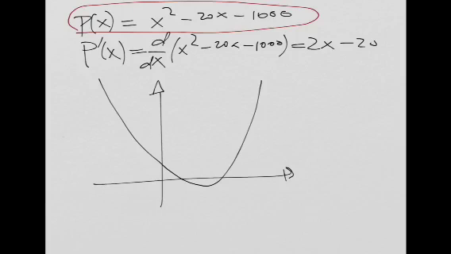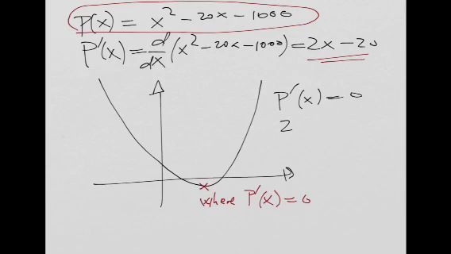This vertex, this lowest point right here, that is where the derivative equals 0. Yes, this point is found by setting the derivative that we found equal to 0, right? So if I set p prime of x equal to 0, that means 2x minus 20 equals 0, which means x equals 10.